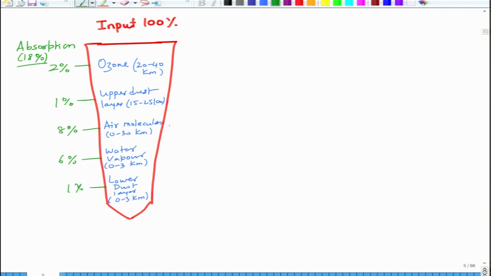Now, then we look at the scattering. Scattering takes place to space as well as to the earth. So, if you have scattering from this side, from this side, from this side, all of these scatter to space; this side is space and this side is earth.